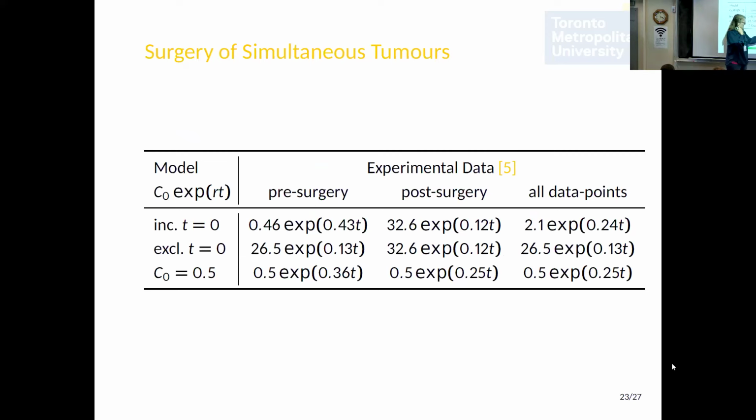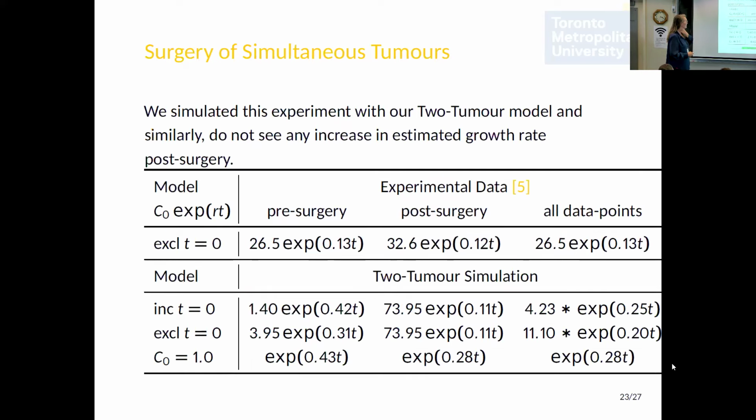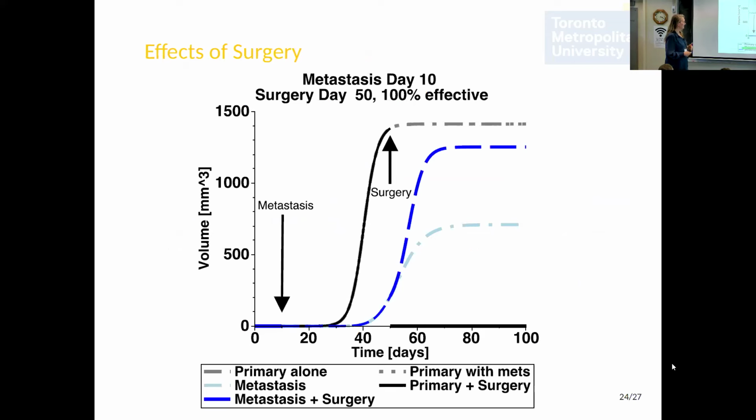Looking at this number here, there's not really an acceleration of the growth rate when you resect the larger tumor. But what our model suggests is happening is that you're releasing that inflammatory pool that can then boost the metastasis to grow larger.